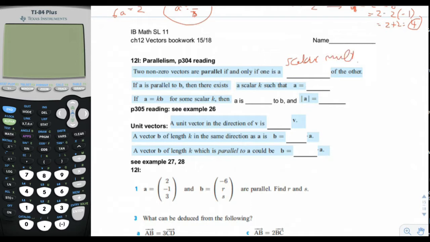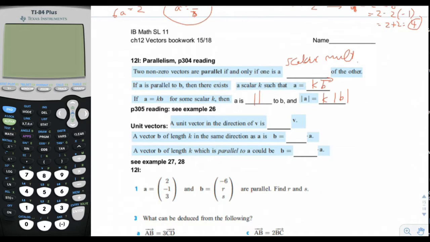If A is parallel to B, then there exists a scalar k such that vector A is equal to k vector B. If A is equal to k vector B for some scalar k, then A is parallel to B, and the length of A is equal to k times the length of B.